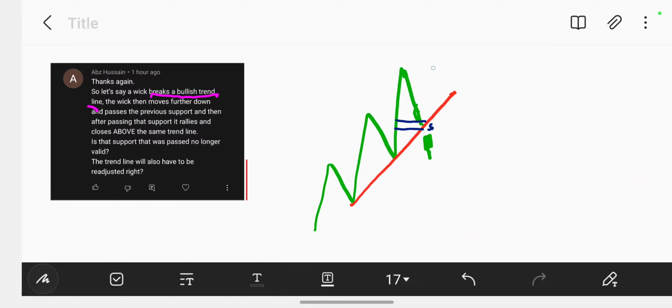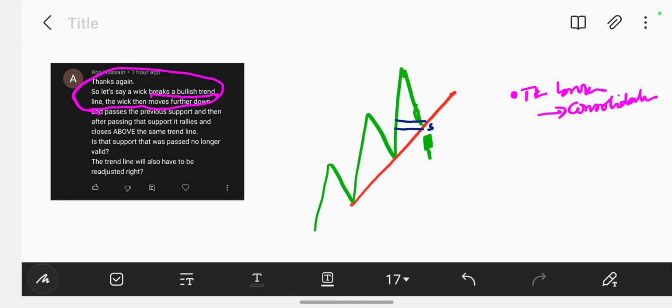a trend line is broken, what does that mean? So the first time when you said we break the trend line, what does that mean? And then you have to make a note on your thing. You say trend line broken, which means consolidation, which means the bullishness is no longer that strong.